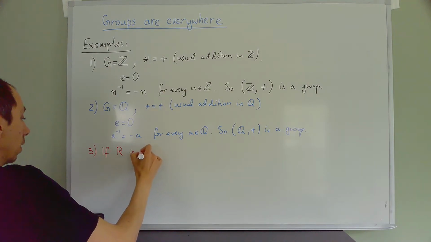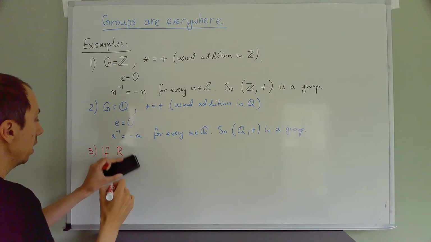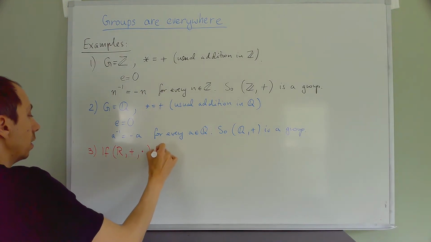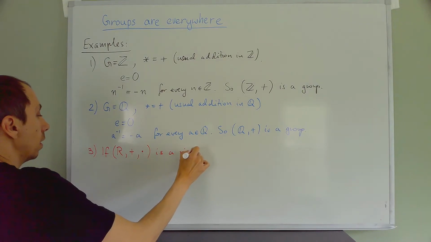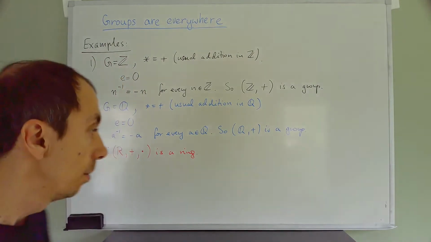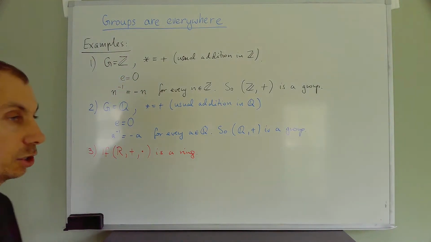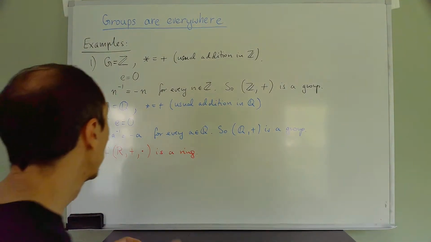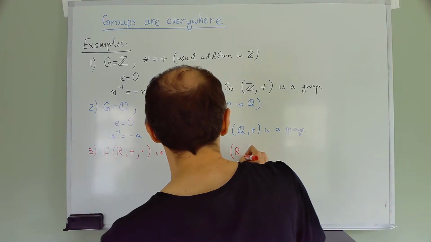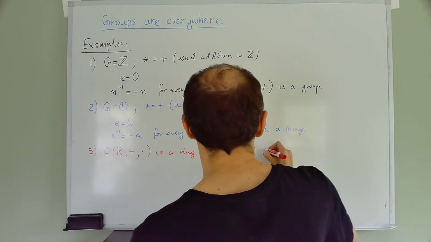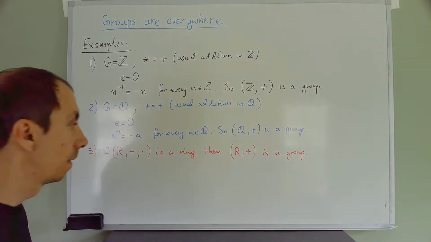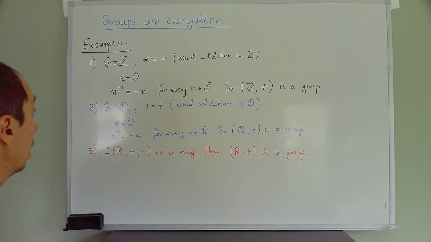If R is a ring, I'm going to write the addition and the multiplication here. So R is a ring, I usually just write it this way, but now I just want to stress that there are these two operations, addition and multiplication, in a ring. Then if I just take R with addition, so I forget about the multiplication, then this is a group. All right?